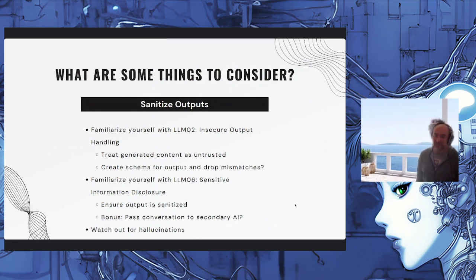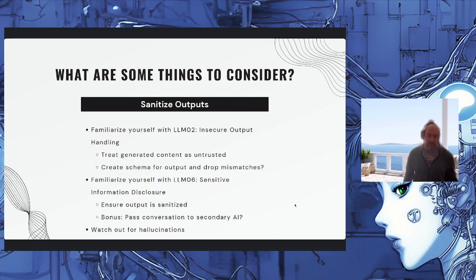This is actually the second one on the OWASP list. One recommendation we came up with in our organization is to treat anything generated from a language model as untrusted. This might work for you, might not, but we found it useful to create a schema for what we expect the output to look like.